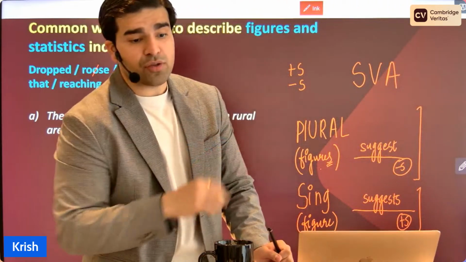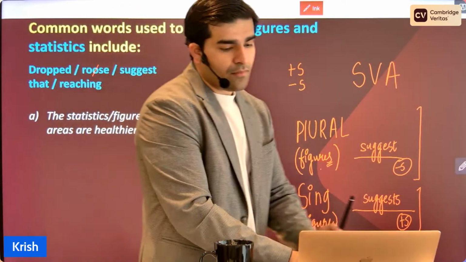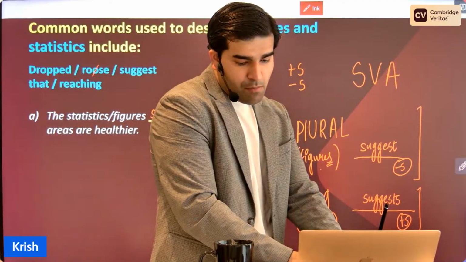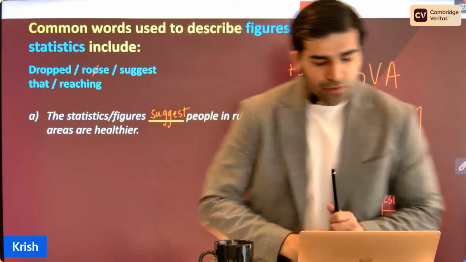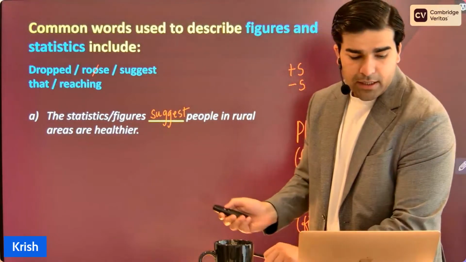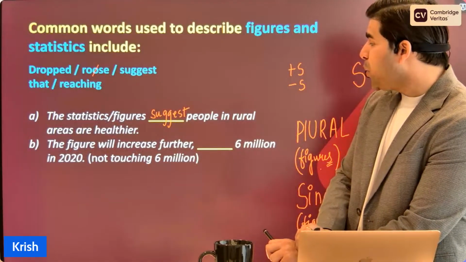I've seen so many students losing so many marks because of that, because sometimes it occurs multiple times. So the correct answer here in this case would be suggest. Let's have a look at the next one. The figure will increase.